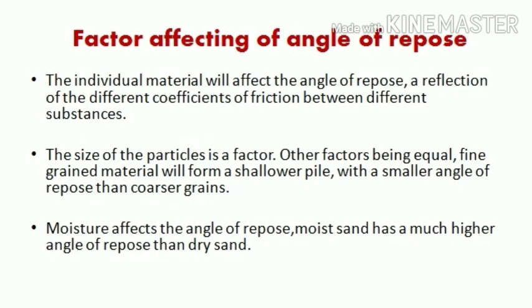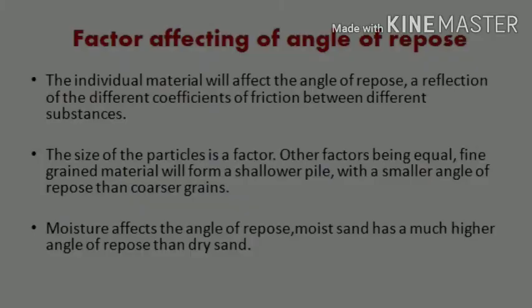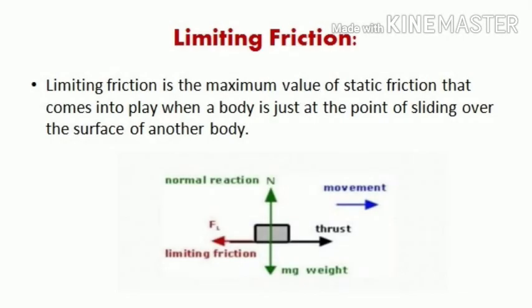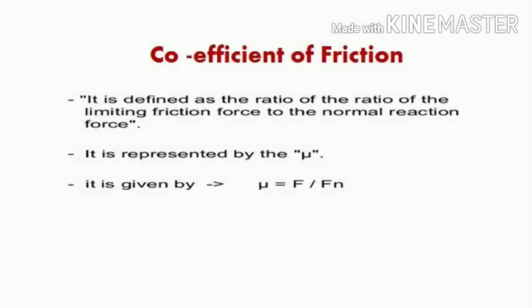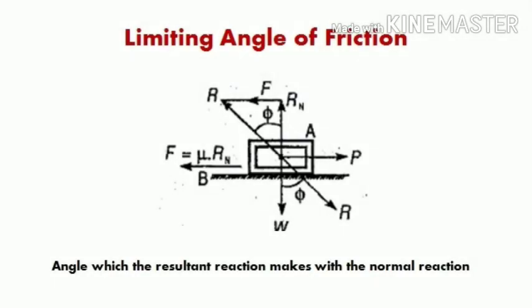Now let's see once again. First, limiting friction. What is limiting friction? It is the minimum static friction force. Then the coefficient of friction is the ratio of the friction force to the normal force. Then the limiting angle of friction is the angle between the resultant and the normal force.